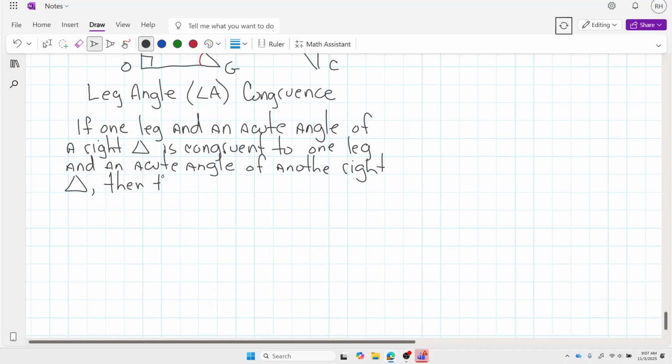The triangles are congruent. One leg and an acute angle.